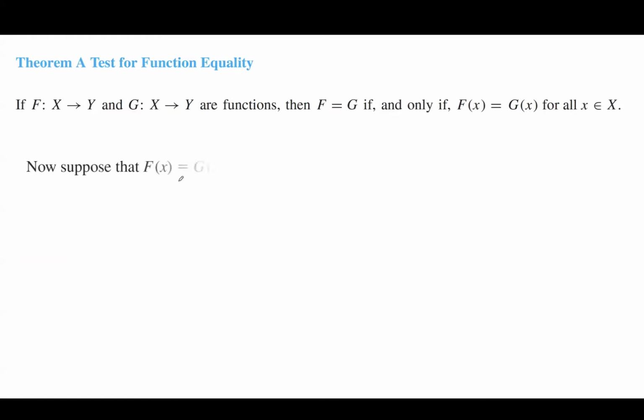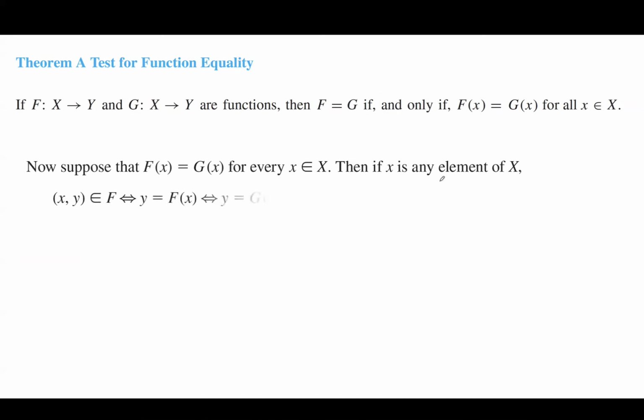Now, suppose that f and g are equal to each other. Since f and g are equal, if x is any element of the domain X, for (x, y) to be in f, it means that y is equal to f of x. But since f of x and g of x are equal to each other, y is equal to g of x.